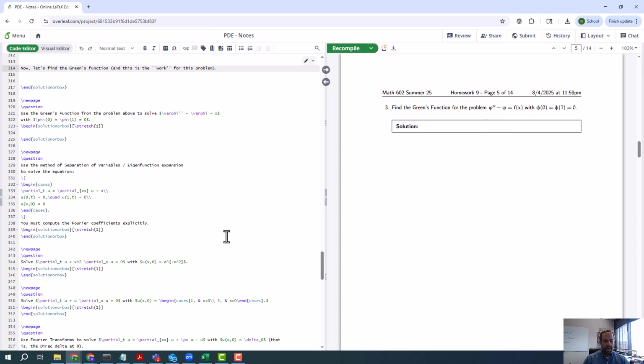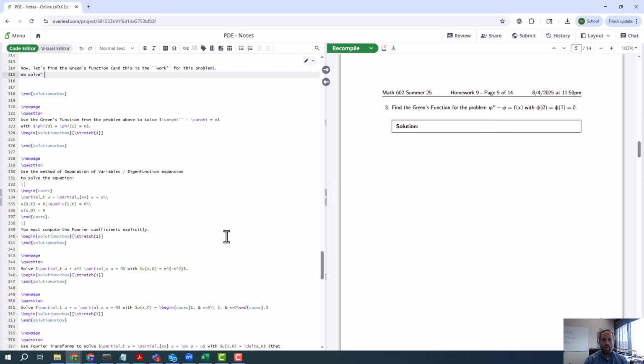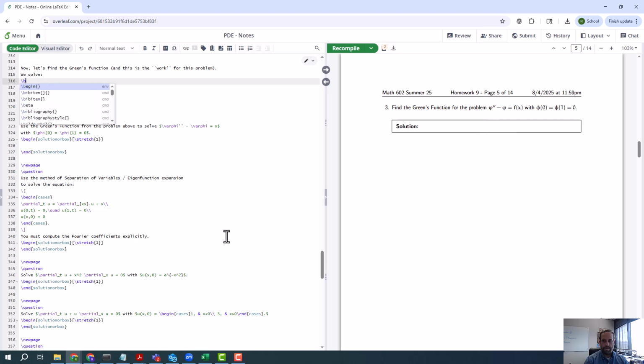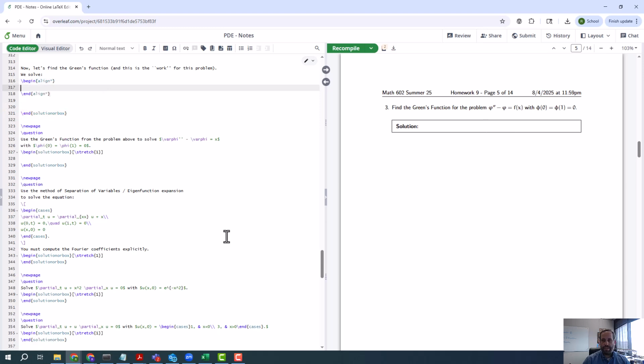So we solve. Our differential operator here is just phi double prime minus phi. I'm probably going to get lazy in just a little bit and just use primes to mean derivative, but not yet.